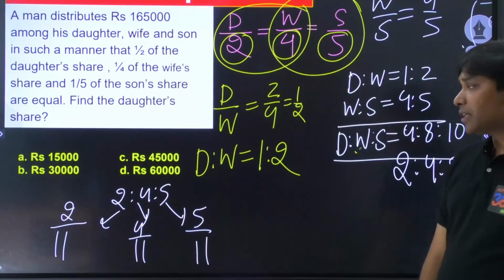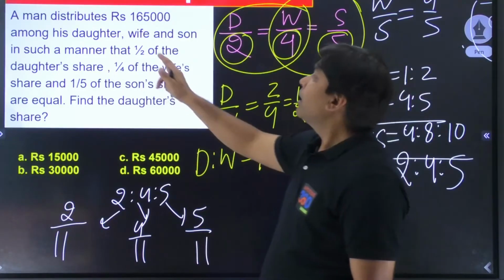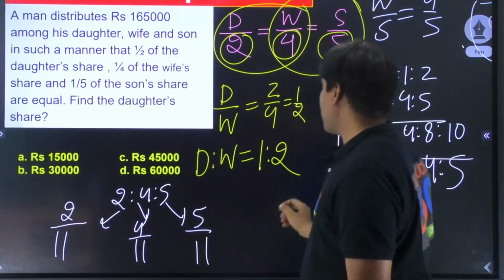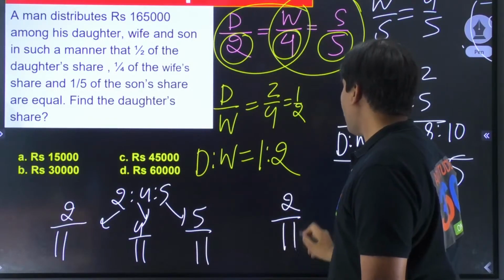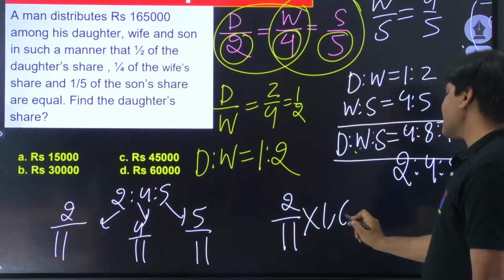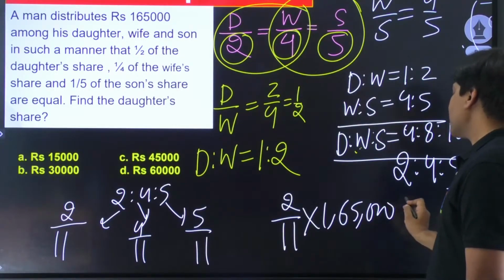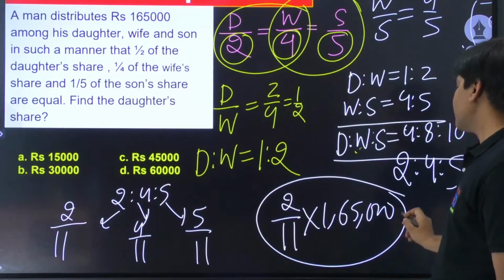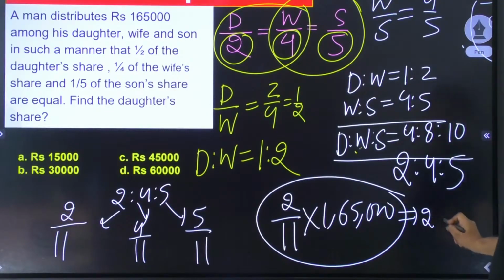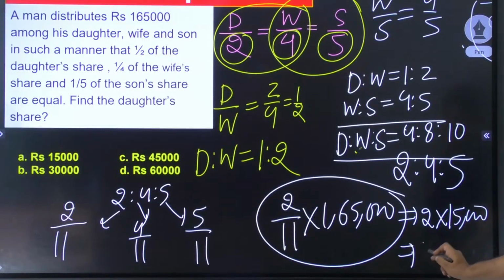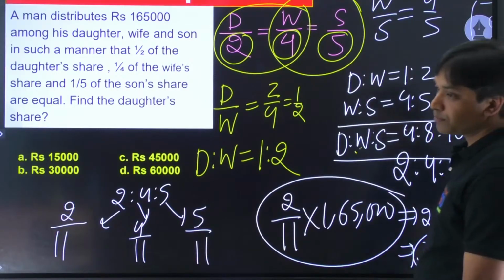Find the daughter's share. So this is going to be 2 by 11th of total, which is 1,65,000. Simplify कर लो इसको, 30,000 आएगा. So this is 2 into 15,000. How much is the share of daughter? The share of daughter is coming out as 30,000.